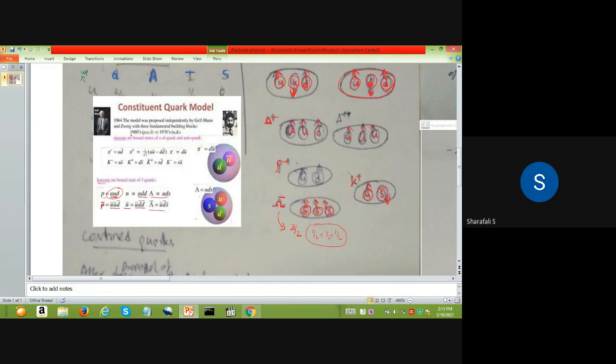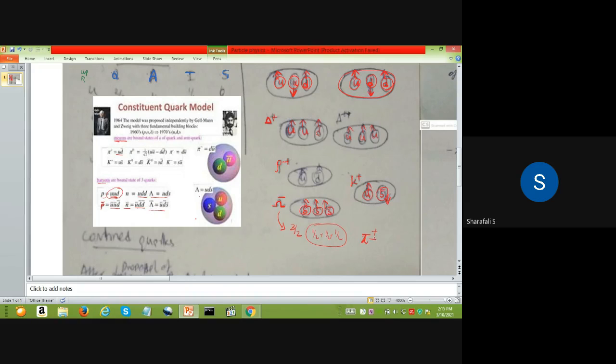But if you consider the mesons, for the group of mesons we have only two quarks, a quark anti-quark pair. So pi plus has U D bar. Pi plus is a pi meson.